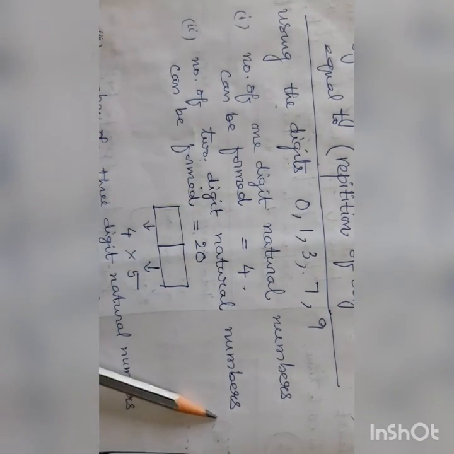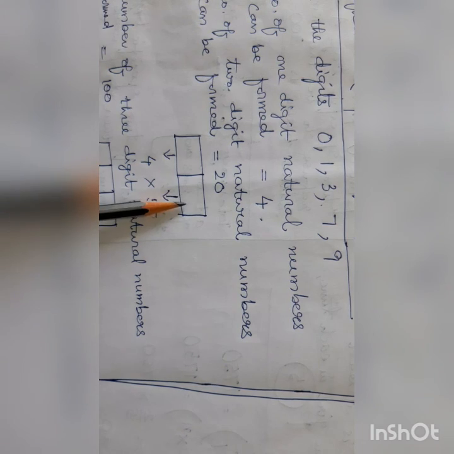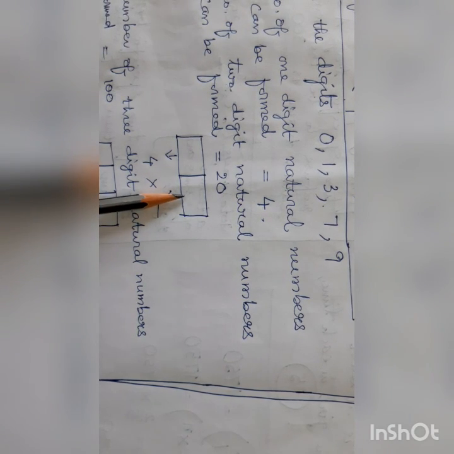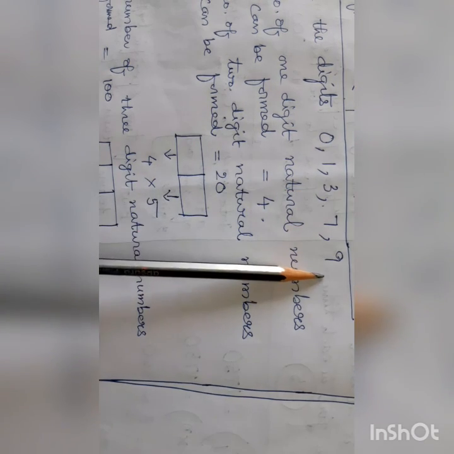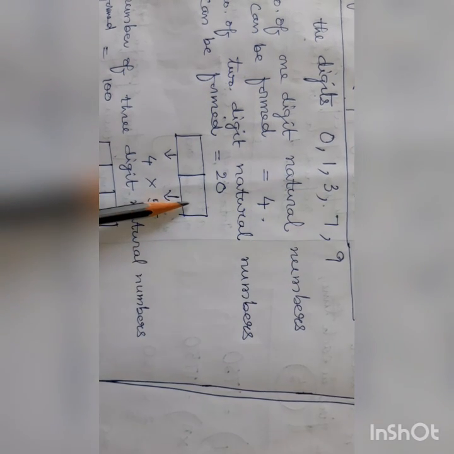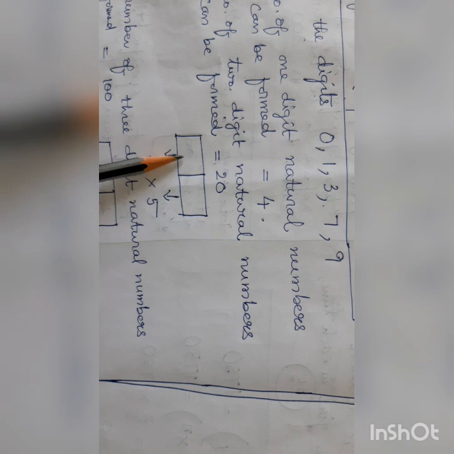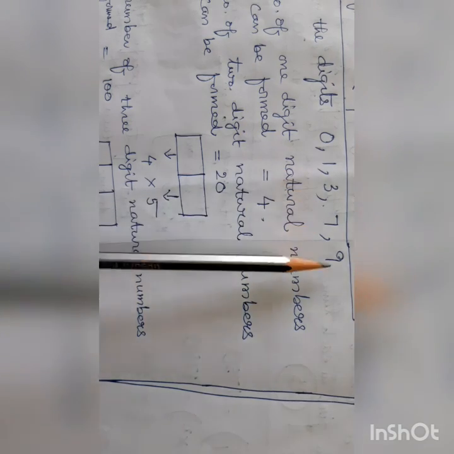Next, case 2: the number of 2-digit natural numbers that can be formed. In the unit box, we can keep any of the 5 numbers. But in the tens box, we can keep only 4 numbers.